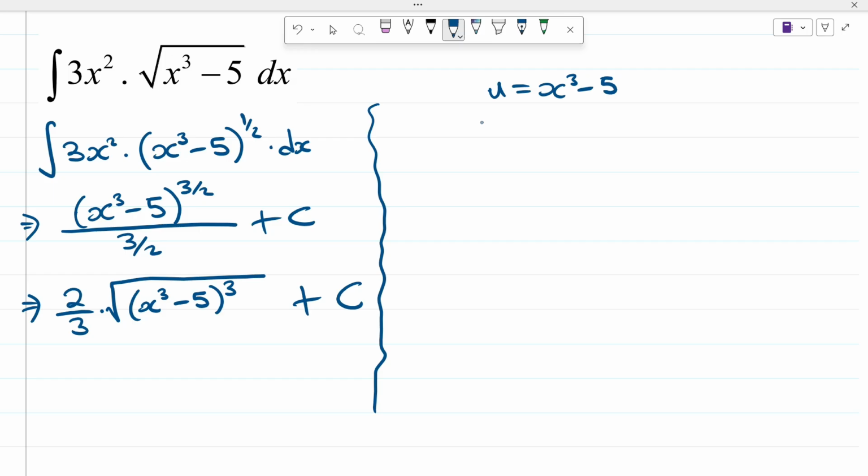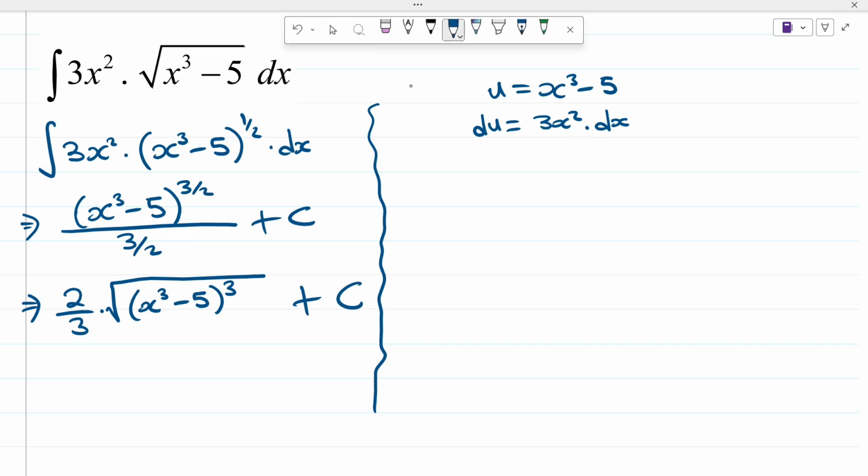Then we differentiate this, so du is going to be equivalent to 3x squared multiplied by dx. We don't have to do anything more for this case, because we already have 3x squared, so it's fine. We can just leave it like that.